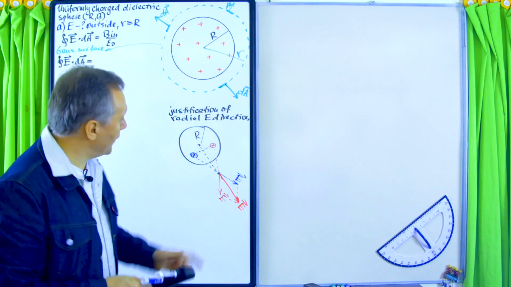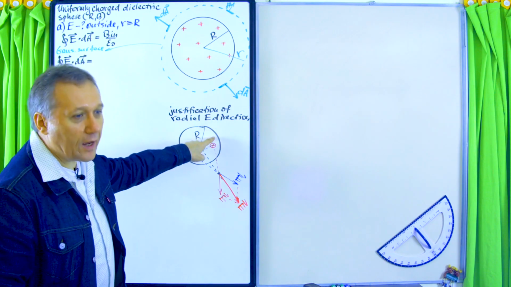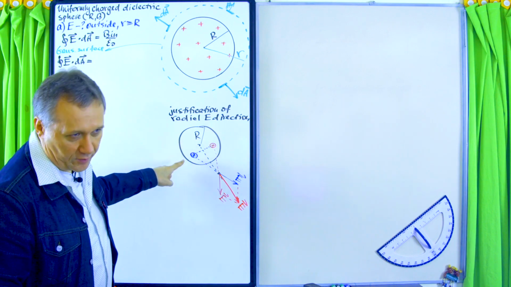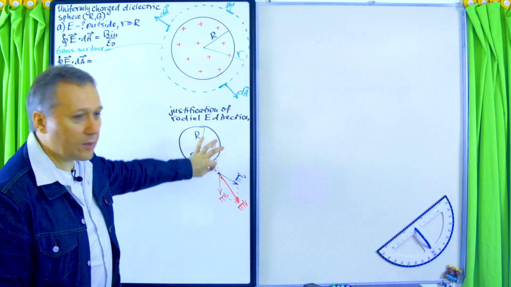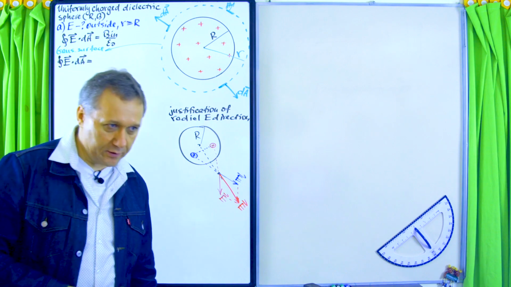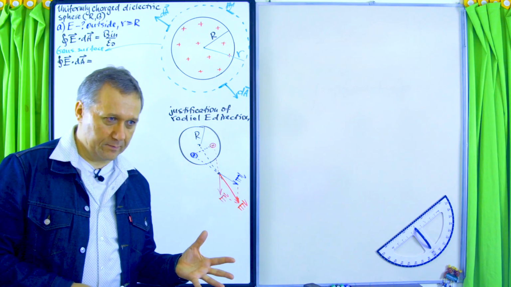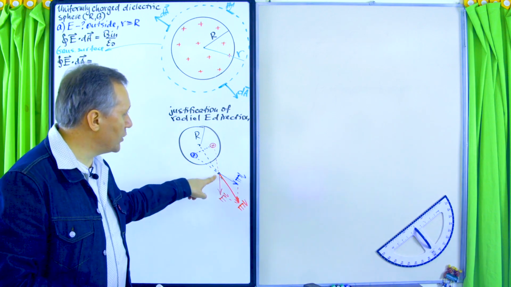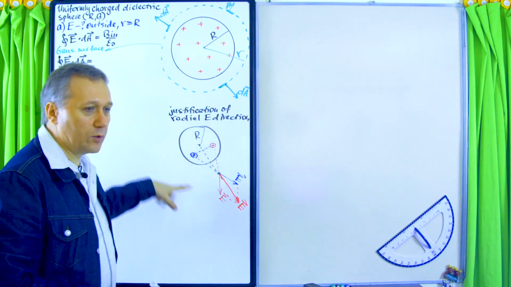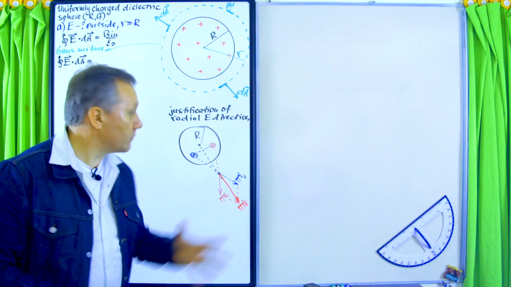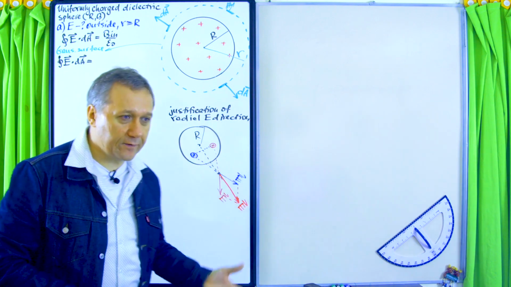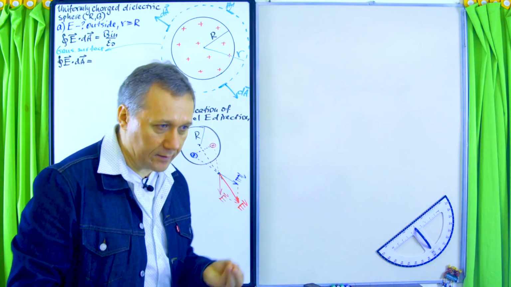So for pretty much any charge over here, I can find a symmetrically positioned charge, and their tangential components are going to cancel each other, leaving only radial components. So it doesn't matter which point I take, here, here, here, or anywhere around the charged sphere, the electric field is going to be radial.